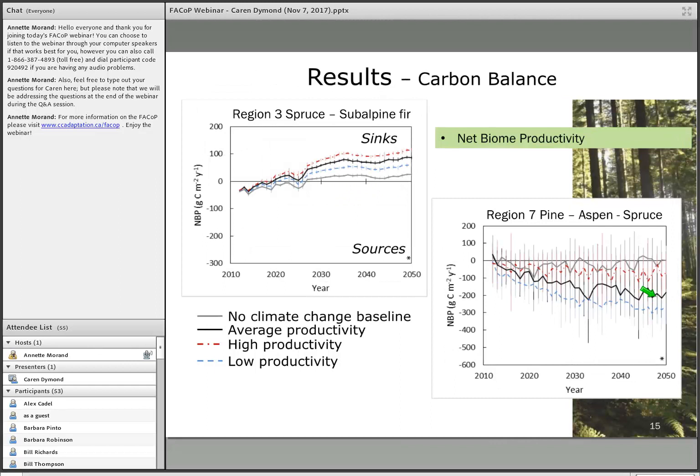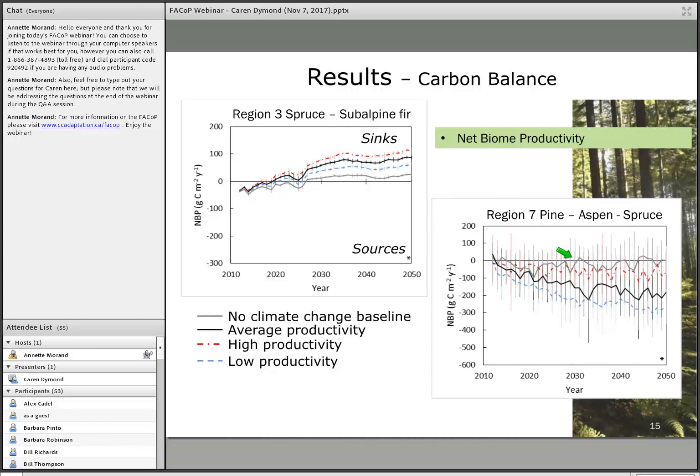In terms of carbon balance, if we look at the net biome productivity, on the left is again region 3, which follows from the net primary productivity graph, with the forest moving from being small sources to being small sinks due to the changing climate and associated productivity.